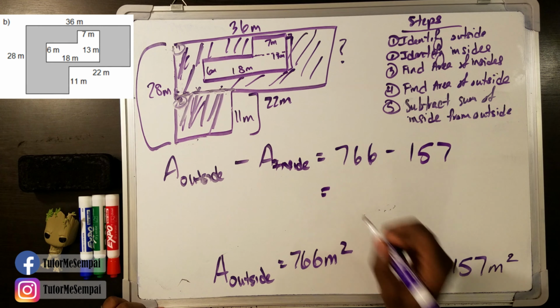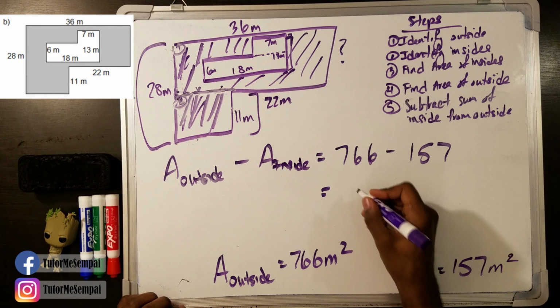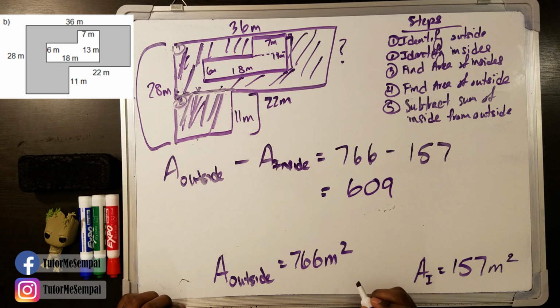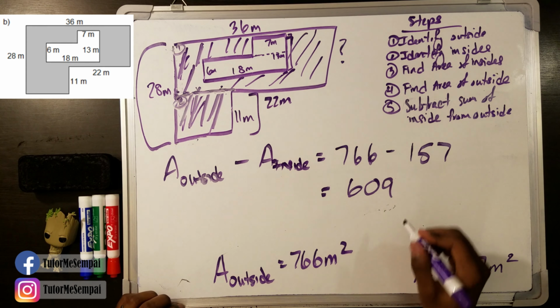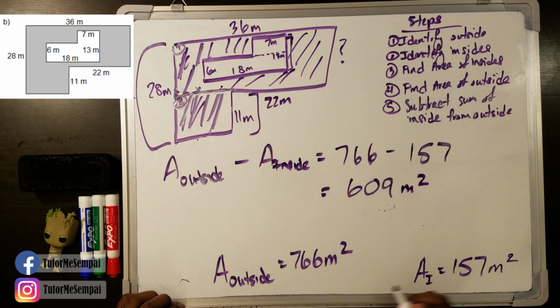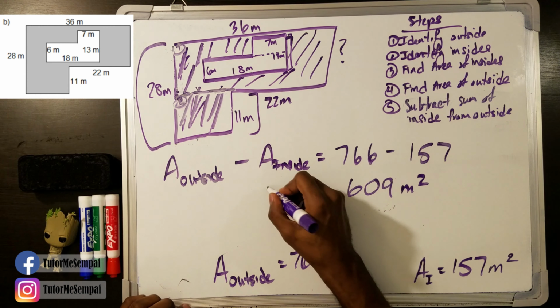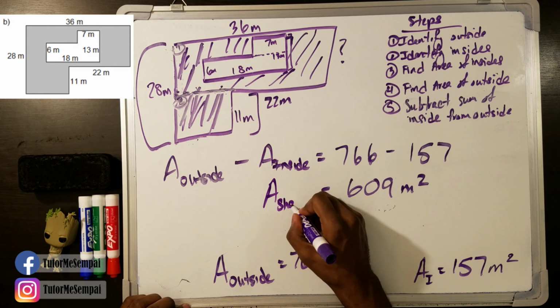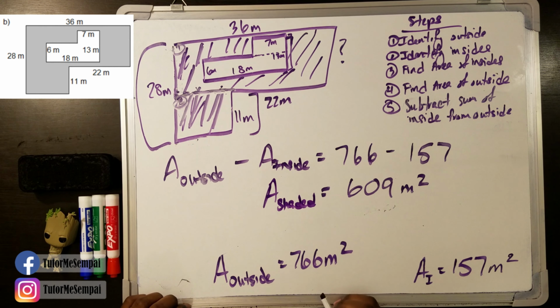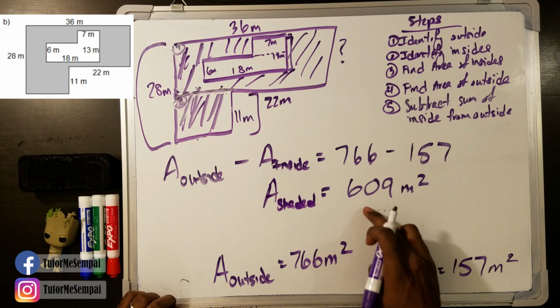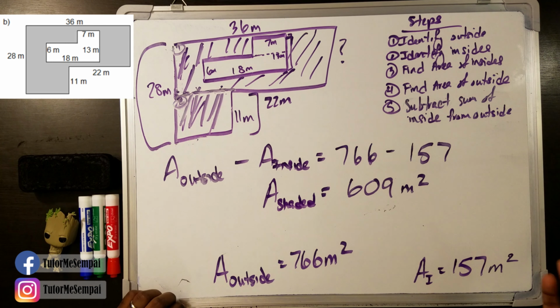And when we subtract both of those, we get 609. But don't forget, you have to put your meters squared. So now we have our area of our shaded region. So I'm going to say this is the area of the shaded region. So A shaded is 609 meters squared.